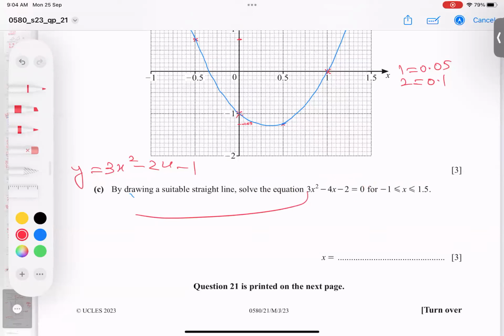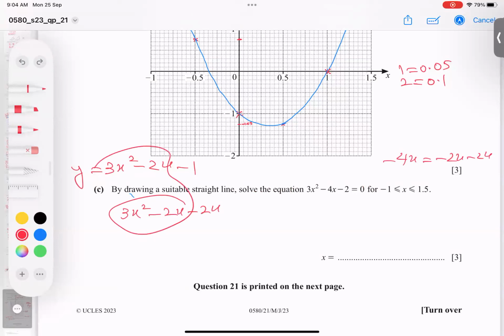So copy. Is this matching? Not matching, so I will break it into 2 parts. -4x, I can break it into -2x, -2x. So these values I'm copying: -2x, -2x. These two terms I got. What is missing? -1 is missing. -1 is not there, but I have -2.